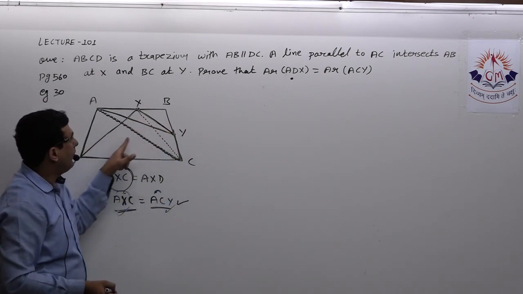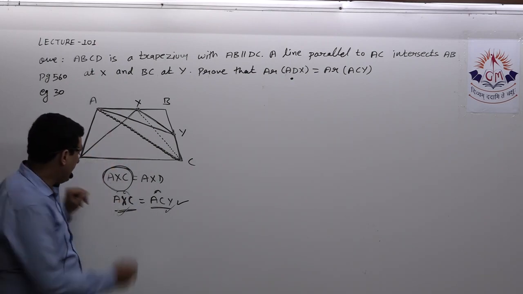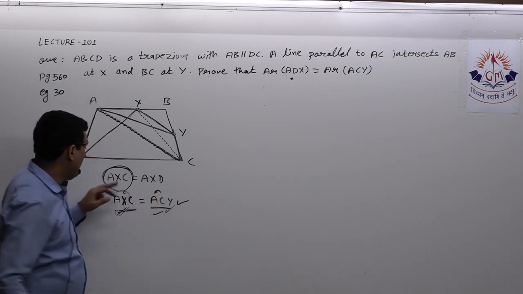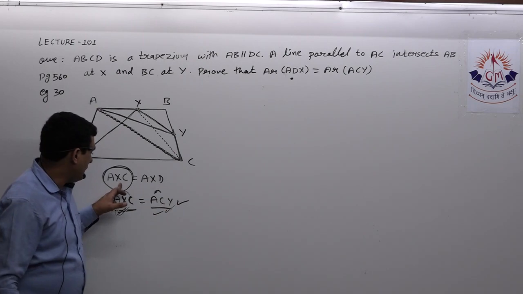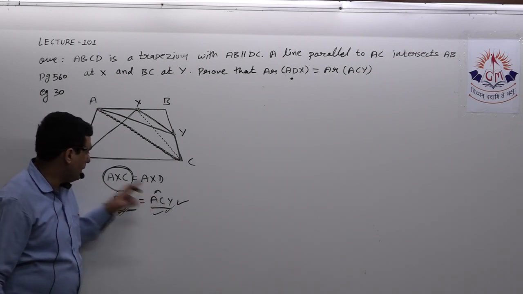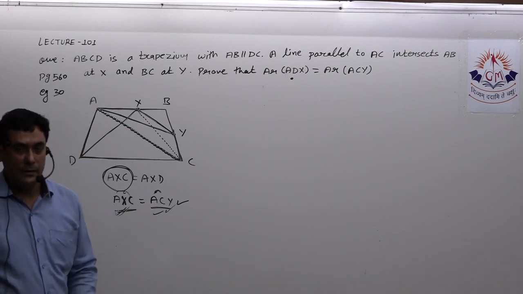Yes, XY is parallel to AC, it is given. So ACX is equal to ACY, and AXC is equal to AXD, we already proved. So this is equal to AXD, this is equal to ACY. So left hand sides are equal, so obviously the right hand sides will be equal.